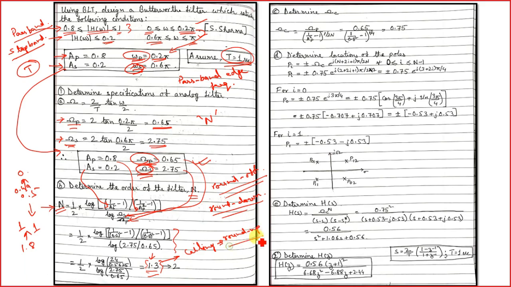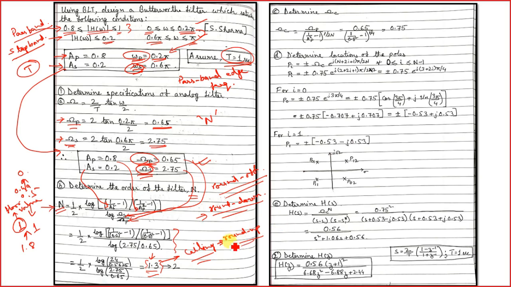The next one is round up, which is also called the ceiling value. Round down is also called the floor value, and round up values are regarded as the ceiling values.